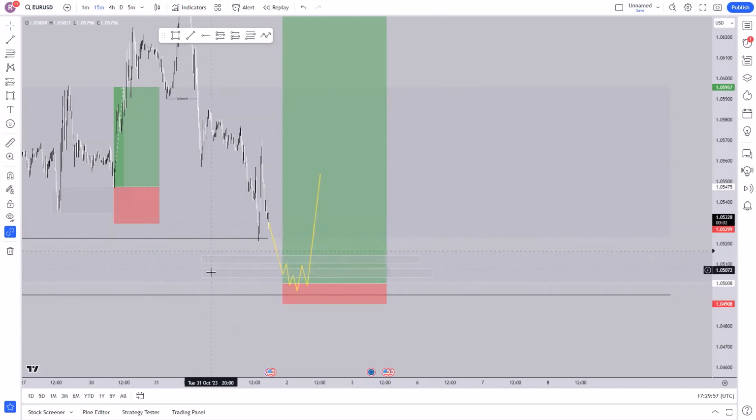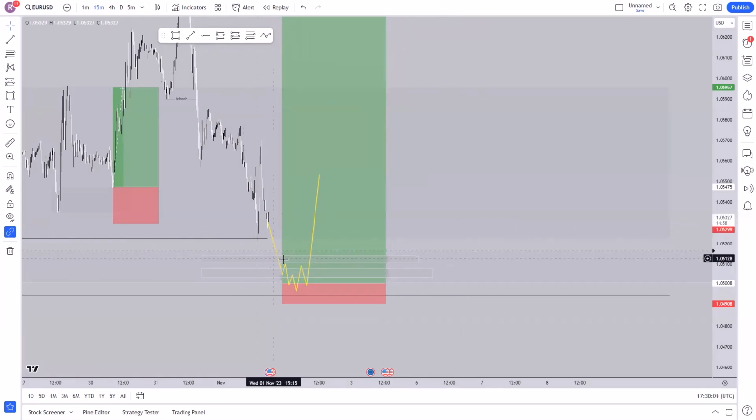These two smaller demands are just the refined ones. If we come down and we break this demand, that was the wrong POI. We can just delete it. Now we know that we have this extreme one that needs to be mitigated if price is going to continue bullish. Remember, that's the key word: if price is going to continue bullish.